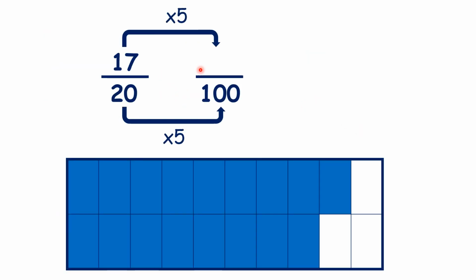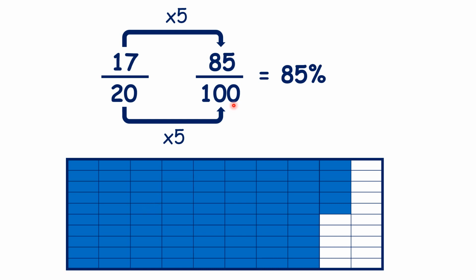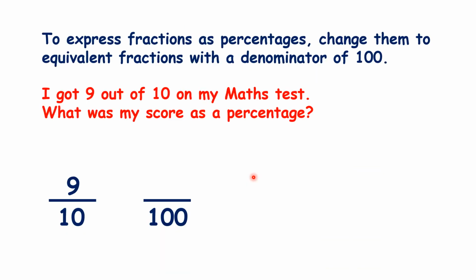So we found our equivalent fraction to get our percentage. As we had 17 out of 20, but wanted our percentage, we needed to find an equivalent fraction with a denominator of 100. So now, imagine I got 9 out of 10 on my maths test.